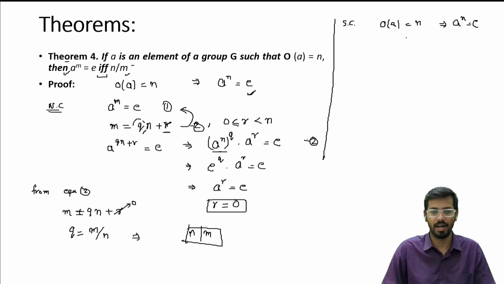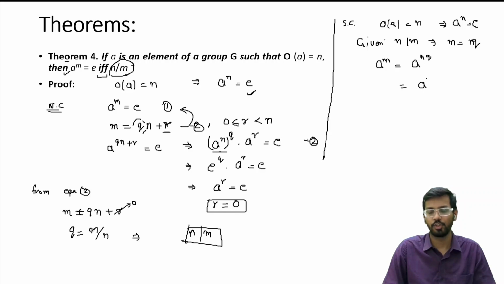And given that n divides m, that means we can take m is equal to nk. Okay, now take A raised to power m, that is A raised to power nk, that is equal to A raised to power n whole power k. And we know A raised to power n is identity element.